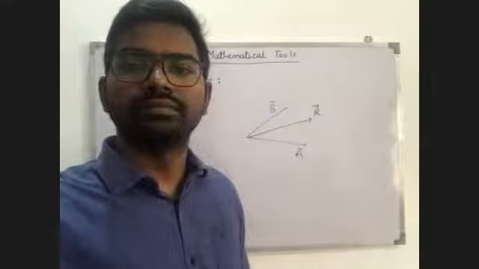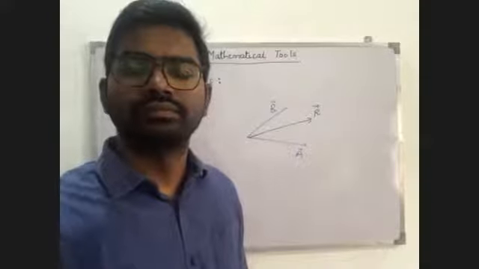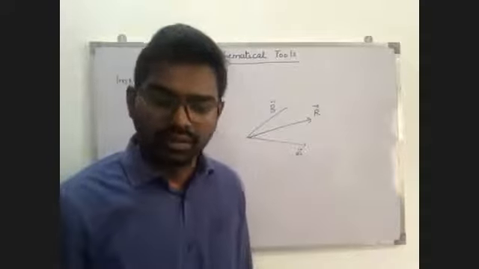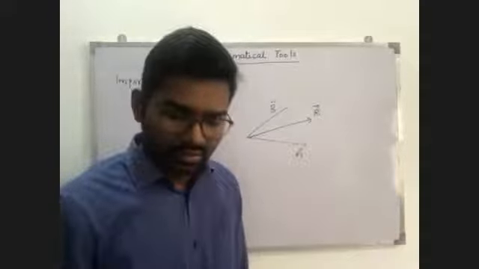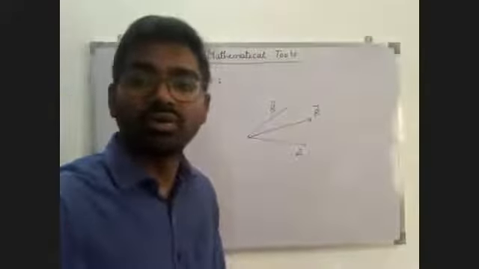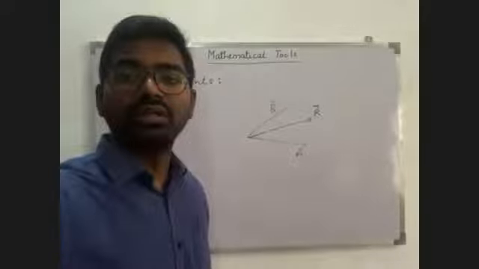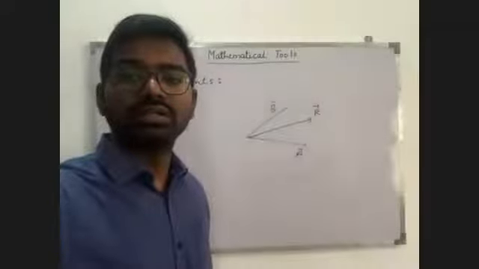Okay. Now let's talk about the 7th point. Suppose I want to calculate A minus B, A vector minus B vector. How are we going to find it out?